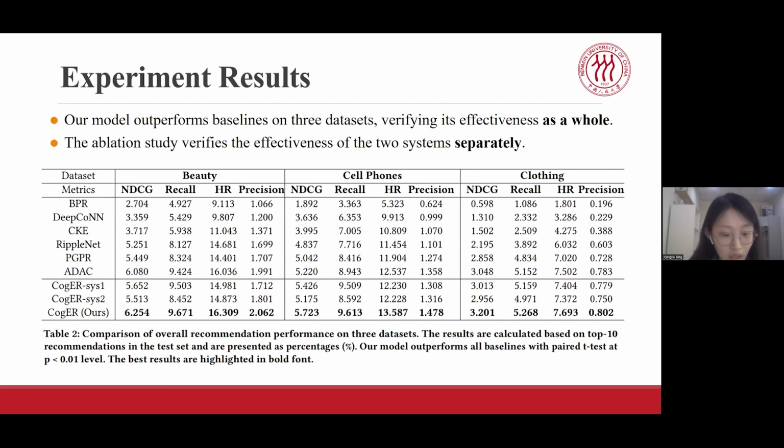We also conduct an ablation study to observe the effectiveness of the 2 systems separately. The results show that removing any of the 2 systems leads to a decline in recommendation performance. This indicates that System 1 and System 2 both contribute to the final performance of the proposed model.